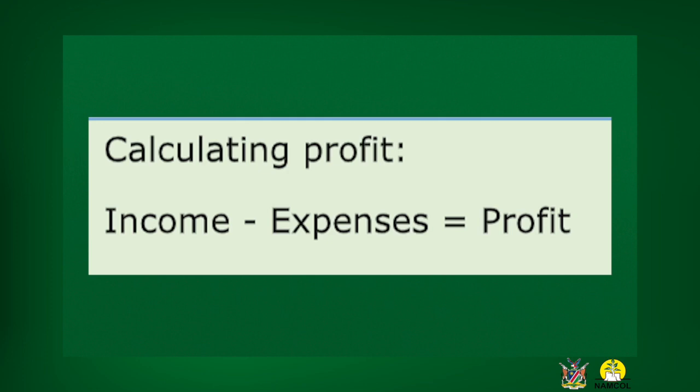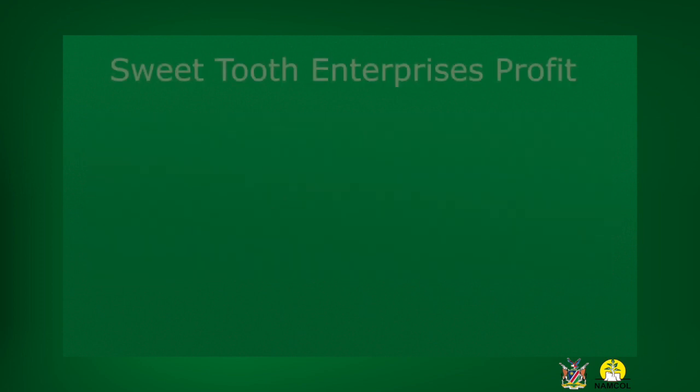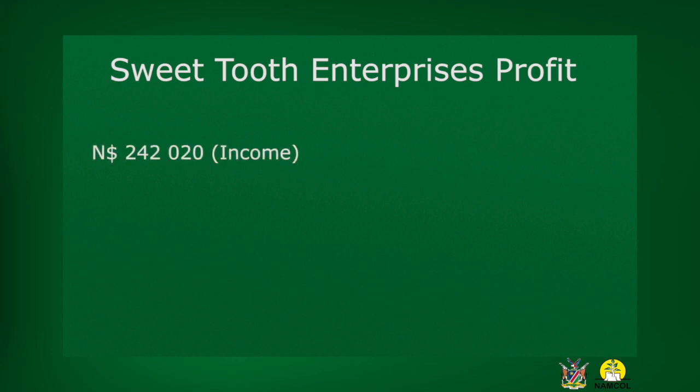Let's use this formula to calculate the profit of an enterprise. We will call it Sweet Tooth Enterprise. To get the profit, we deduct the expenses of Sweet Tooth Enterprise from its income. The total income for Sweet Tooth Enterprise was $242,020, and the total expenses was $26,850.